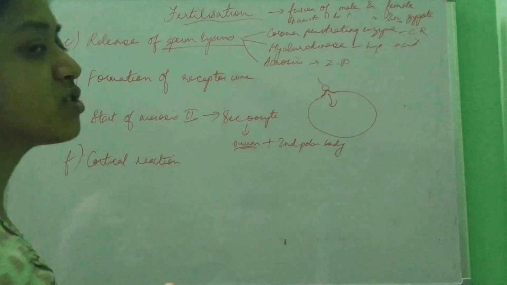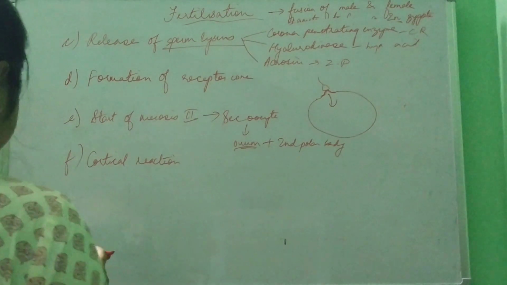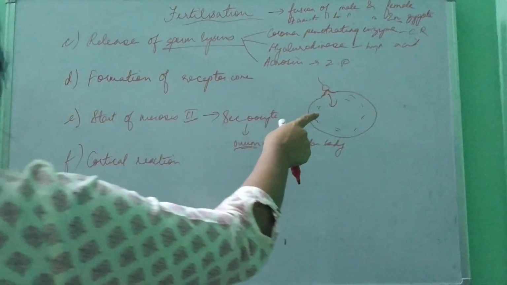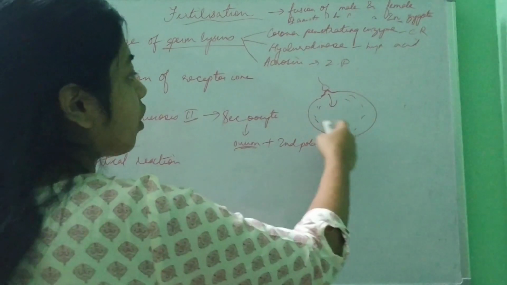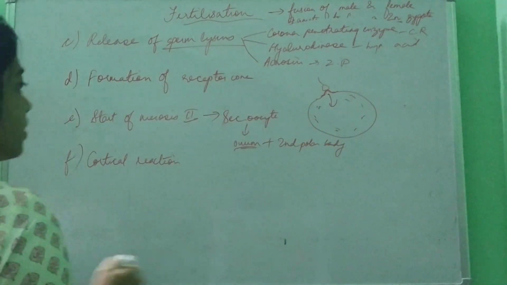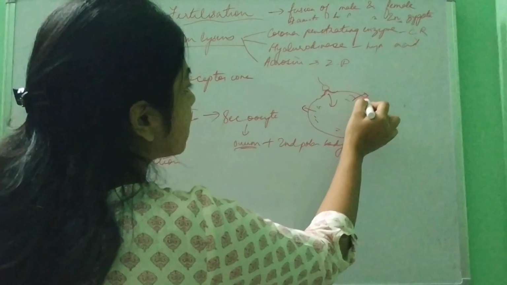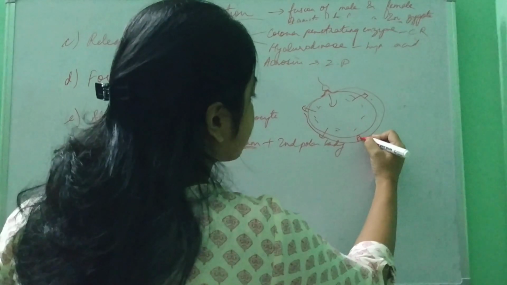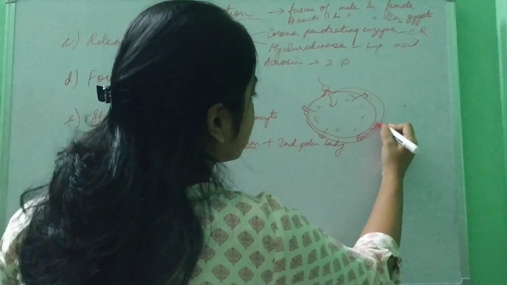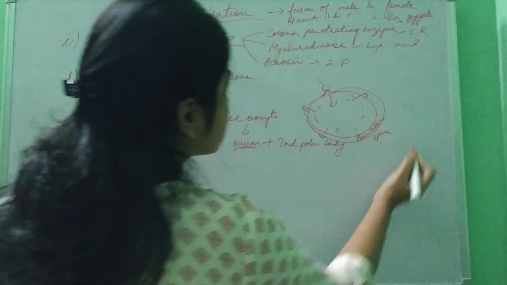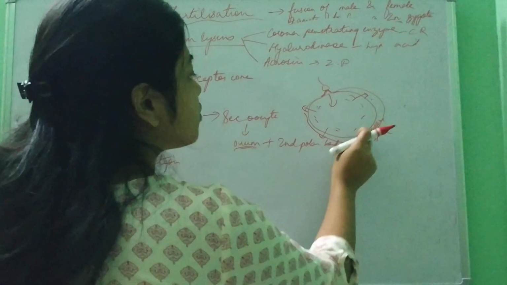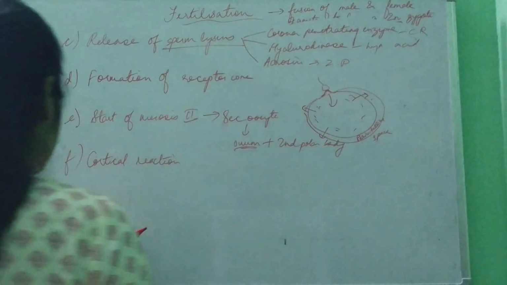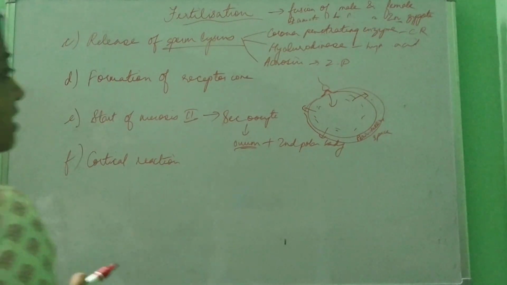Cortical reaction, or formation of the fertilization membrane, means the egg has exoplasm here. This exoplasm has cortical granules. These cortical granules will go here. This space is known as the perivitelline space. So these cortical granules will come to the perivitelline space as soon as the ovum is formed and attach to the inner surface of the vitelline membrane.